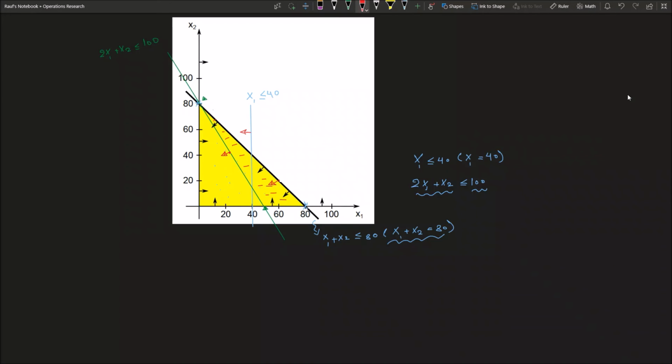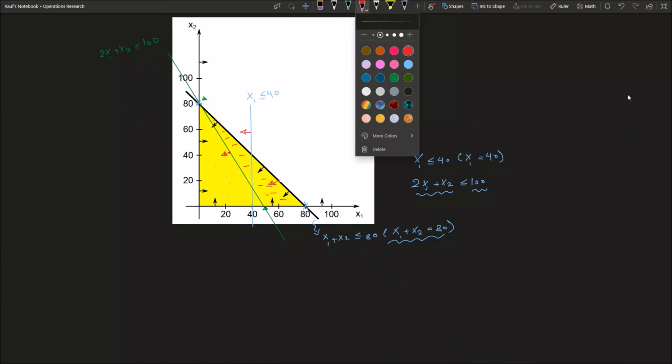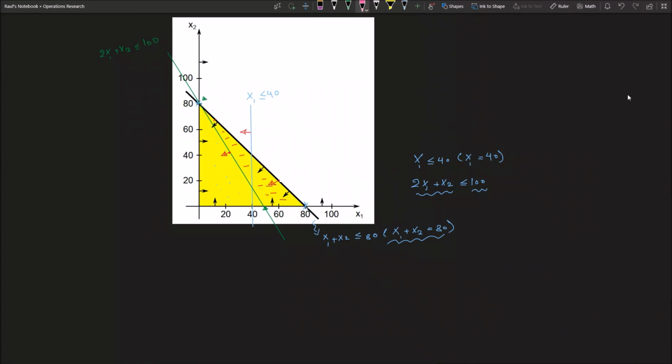So our region is the region that is common between all the constraint lines. So if we ask where our region is, this is our feasible region for this exact problem.